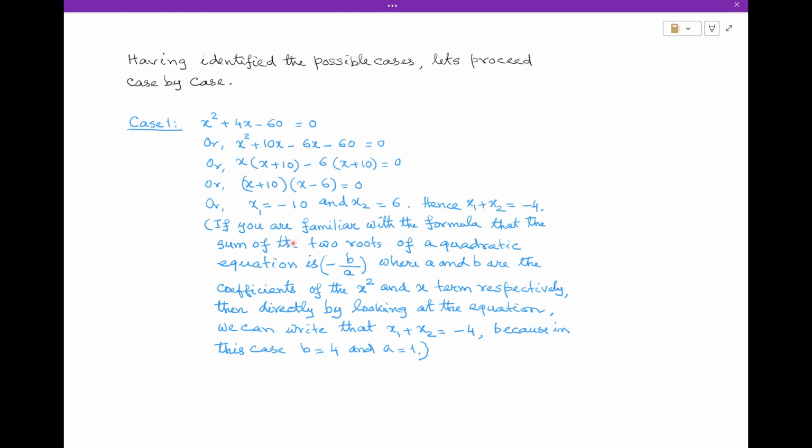Now, if you are familiar with the formula that the sum of the two roots of a quadratic equation is −b/a, where a and b are the coefficients of the x² and x terms respectively, then directly by looking at the equation, we can write that x1 + x2 is equal to −4, because in this case b is equal to 4 and a is equal to 1. Therefore, b/a is equal to 4 and −b/a is equal to −4.